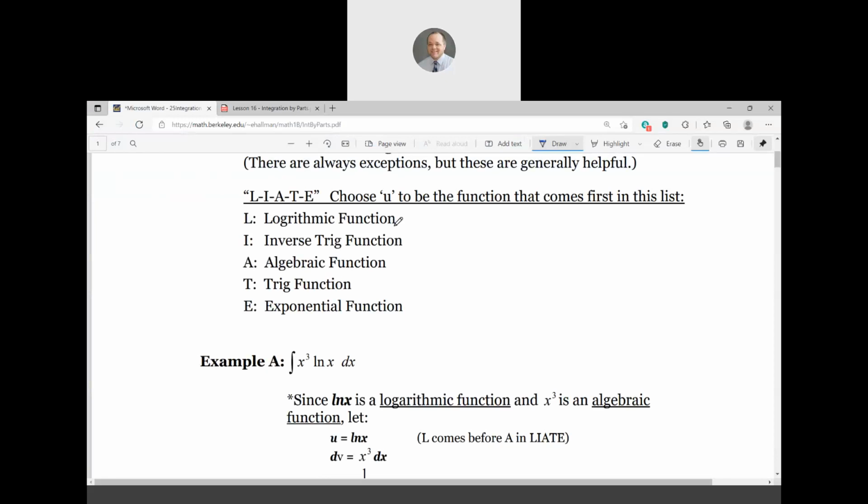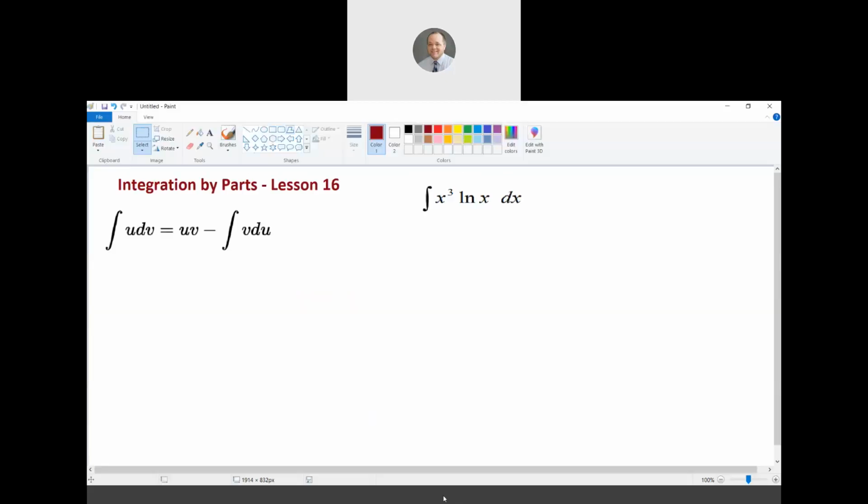A logarithmic function comes before an algebraic function, so we'll let natural log of x be our u. And when we take the derivative of both sides, du is just 1 over x dx.